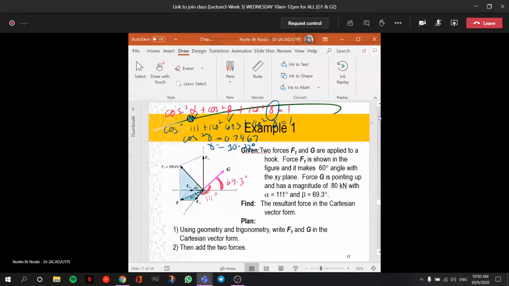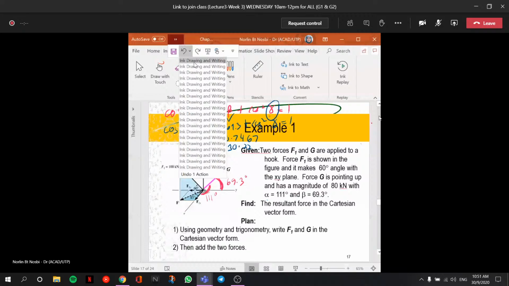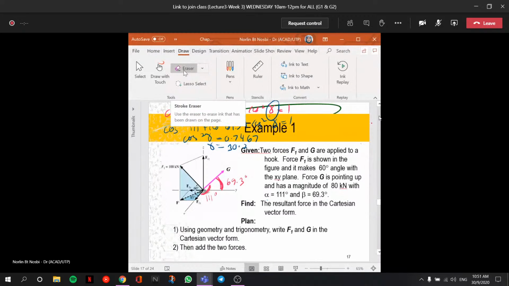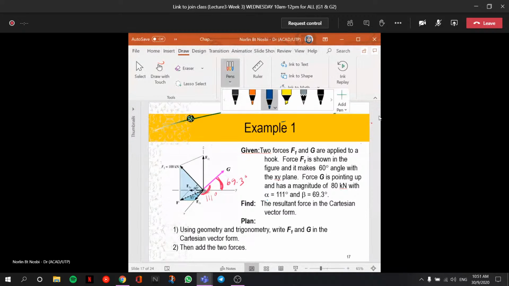Okay, now you know the gamma is 30.22 degree. You need to find the position for G. So G is equal to what I plus what J plus what K.